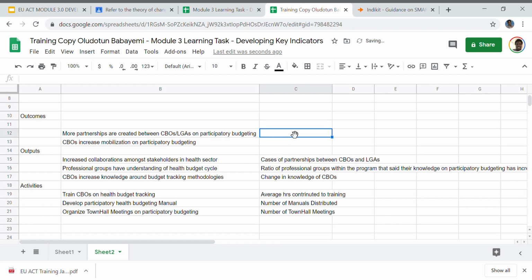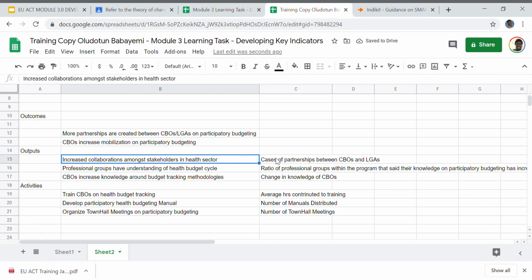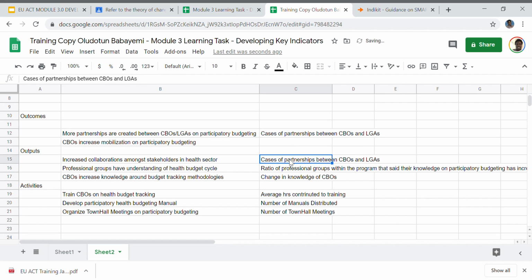Increased collaboration. I had a jump; I thought I had reached there already. Increased collaborations among, we can think of number of joint working groups, for example, or existence of, let's not say number, existence of joint working groups, people working together.